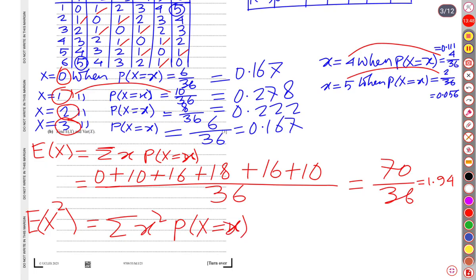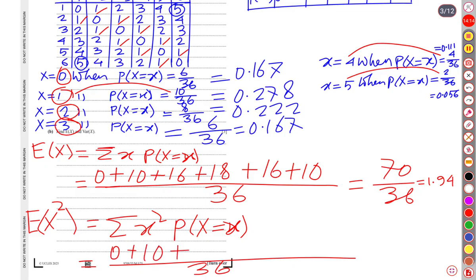In this case also the denominator is 36 in each case. If it is x squared, 0 squared means 0, so the first one is 0 as usual. The second one is 1 squared, so 1 squared into 10 means 10.